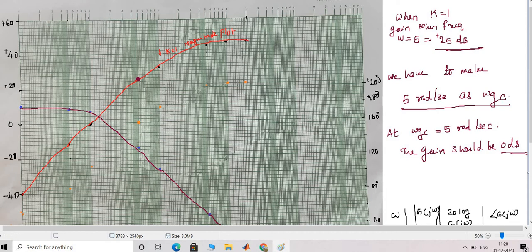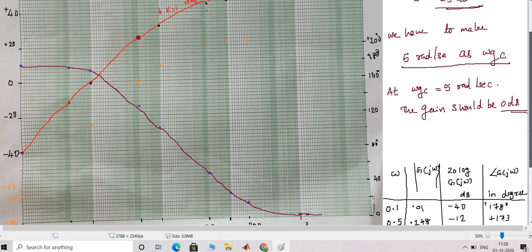So when we redraw the point corresponding to when omega GC is 5 radian per second, our graph will be like this.